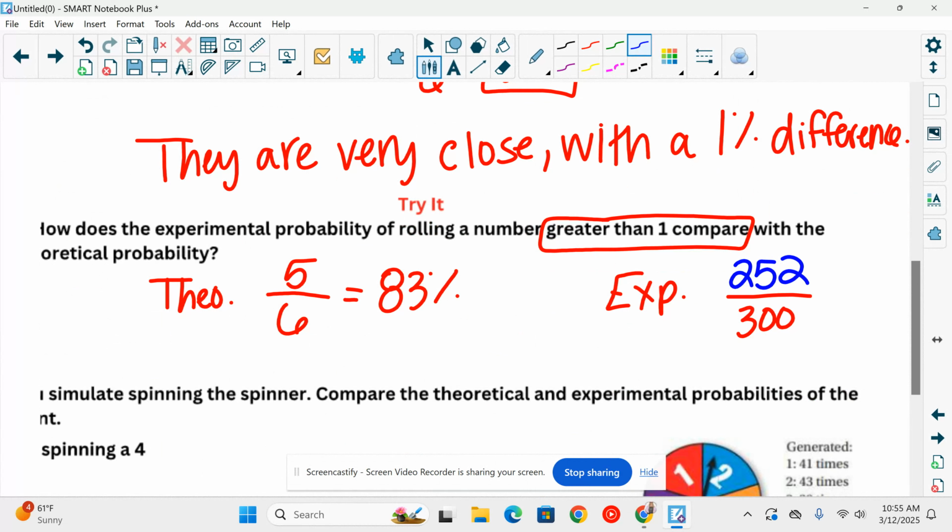You took out the 1s because you wanted everything else but the 1. Convert it to a percent, and you should have got 84%. It's less than 1% difference. So could we say that these were very close? Yes. Okay.